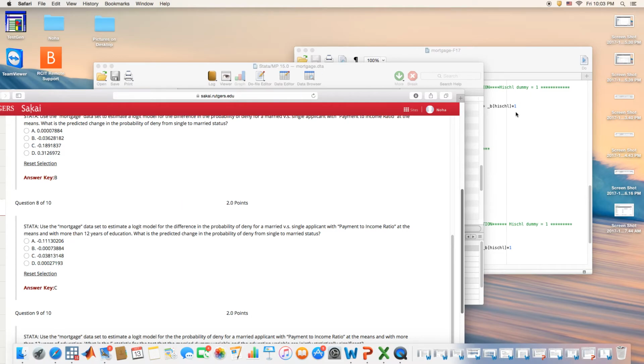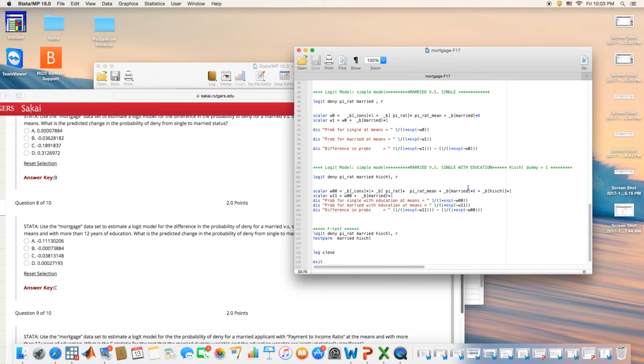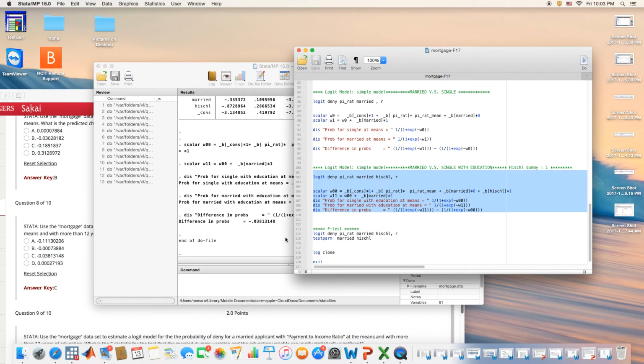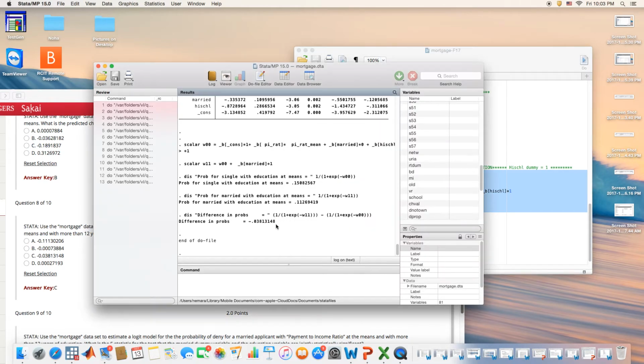So in question number 8, we're looking again at the high school variable. It's added to the model. It's a dummy variable, and we need to run this part, which is after adding the high school education. The question is only asking you about this part.